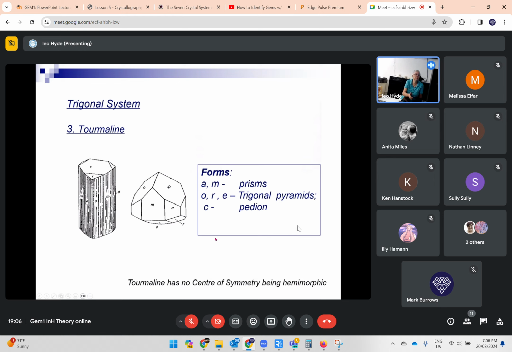I know it gets confusing because we want to call different things different ways, but it's the convention that's been there. We used to try and call these terminations rhombohedra, but then we were told they can't really be rhombohedra because there's none down the bottom, because it's got a pedium down the bottom. So we can't have rhombohedra really if we want to be technically correct with a tourmaline.